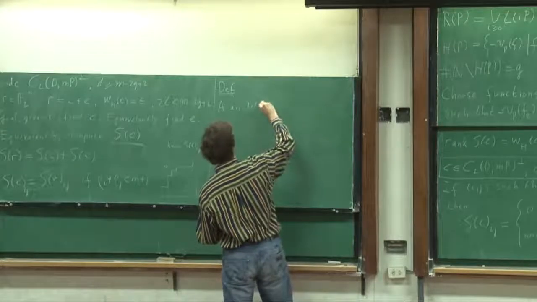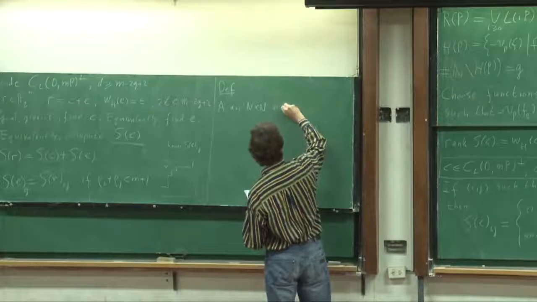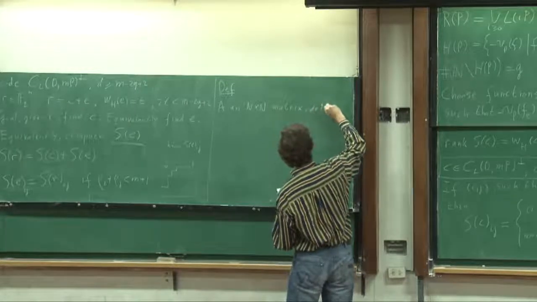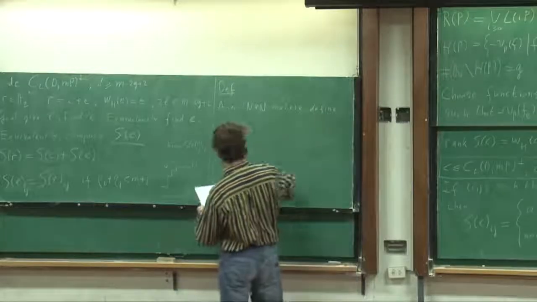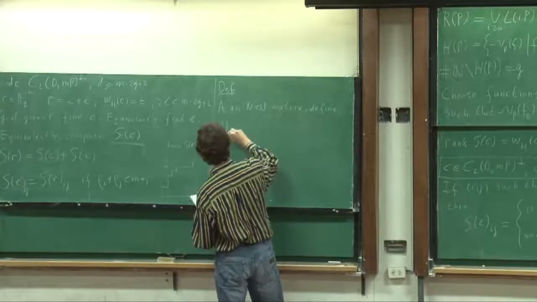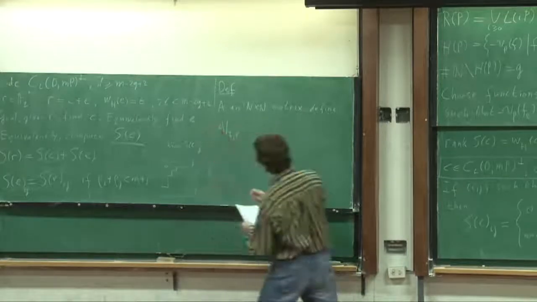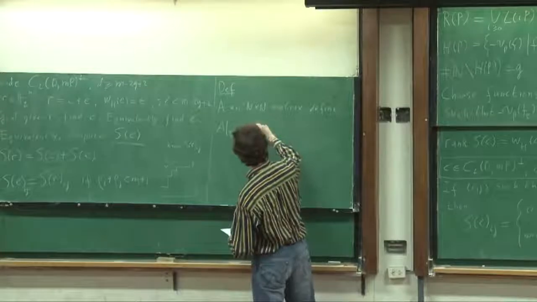So if we have some matrix, it will be convenient to have some kind of notation for a partial matrix or submatrix or something like that. What do I mean?